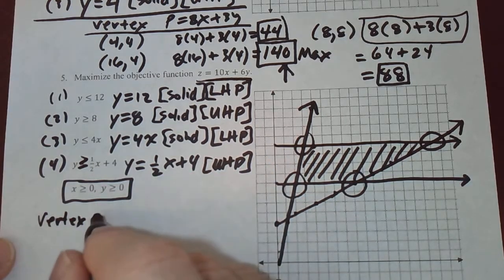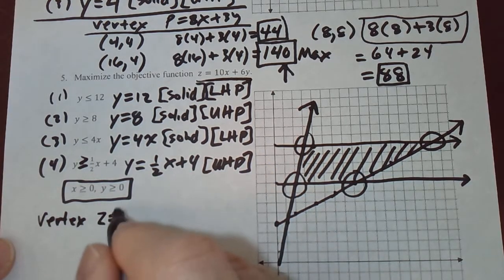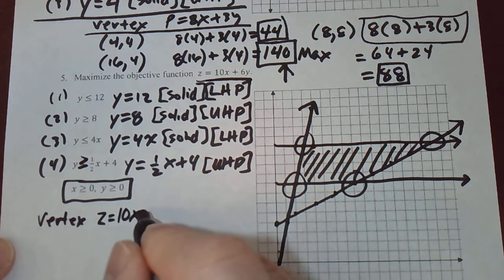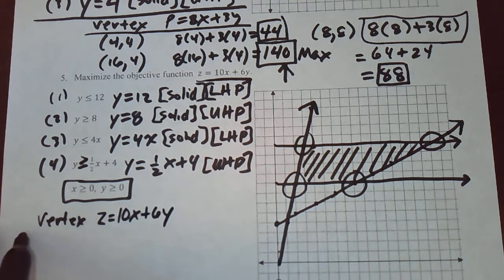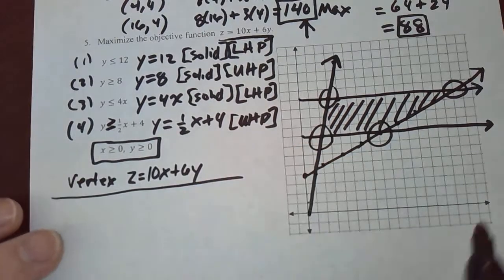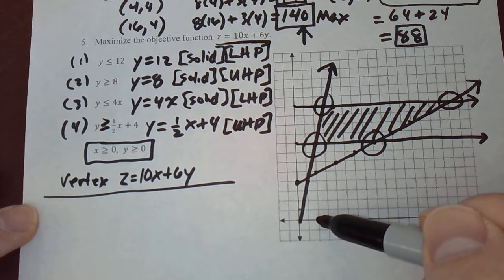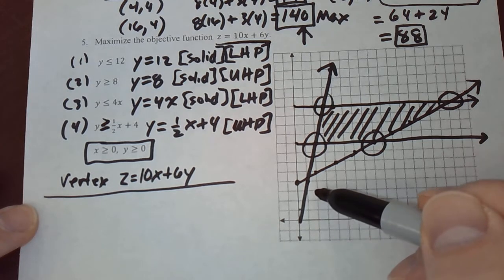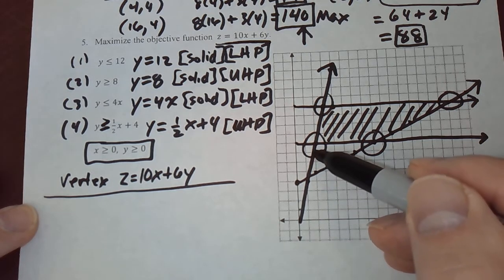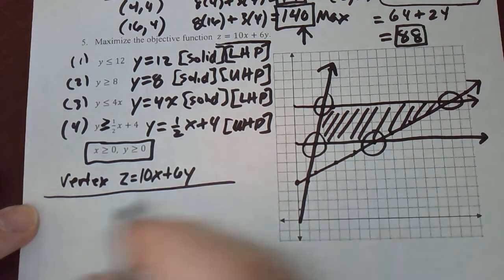Vertex, and then z is equal to 10x plus 6y. All right, let's write down all the vertex points. This point is 2, 8.